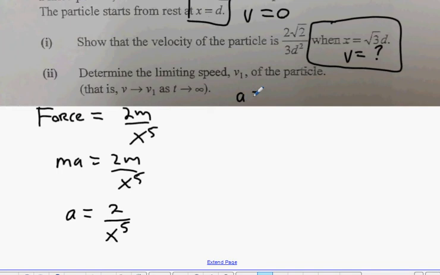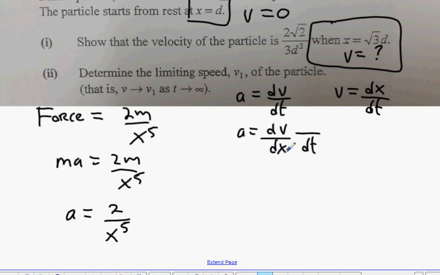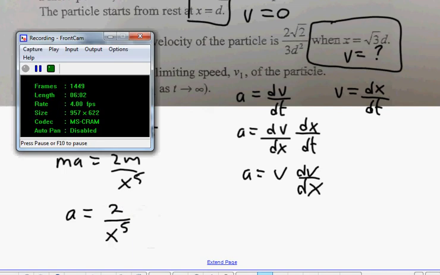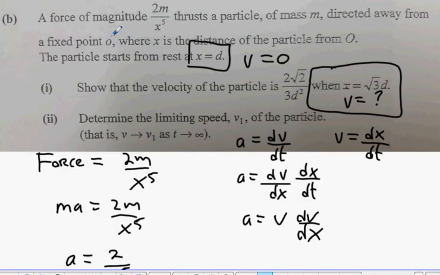You can write down acceleration as change in velocity over change in time, where velocity is the change in distance over change in time. You can then expand that using the chain rule, where you have the v and the t, and you put the x on the bottom, and then you find out that a is actually v times dv dx. We're going to go for v dv dx, okay?